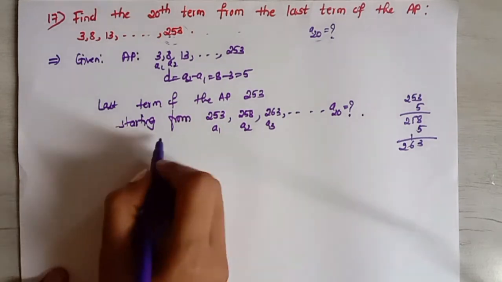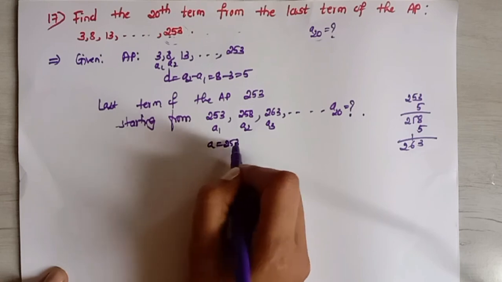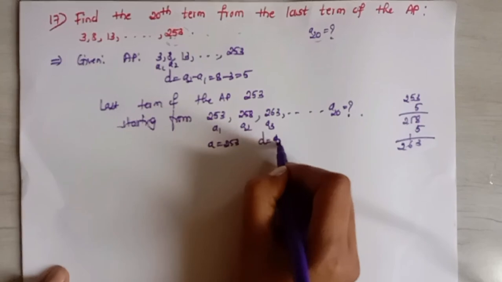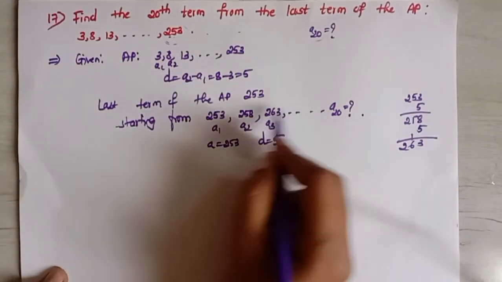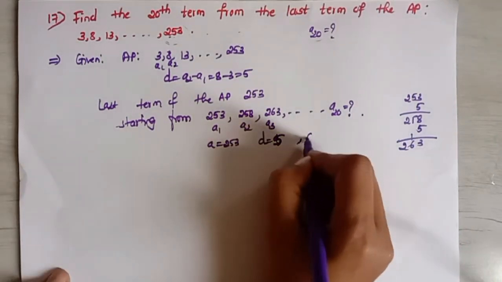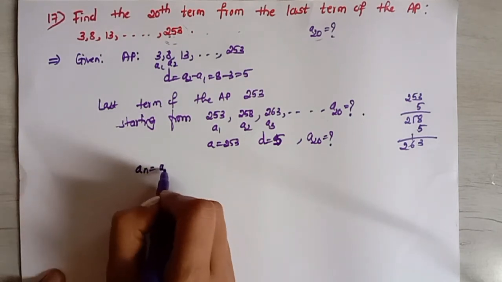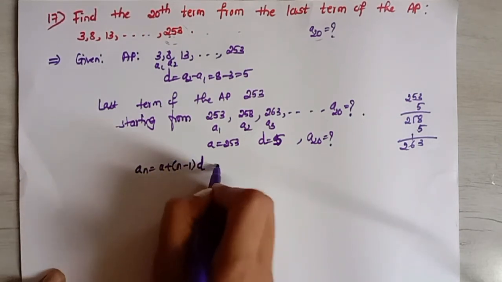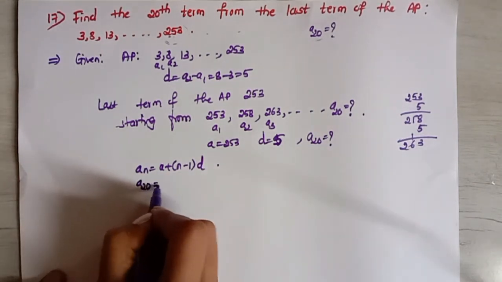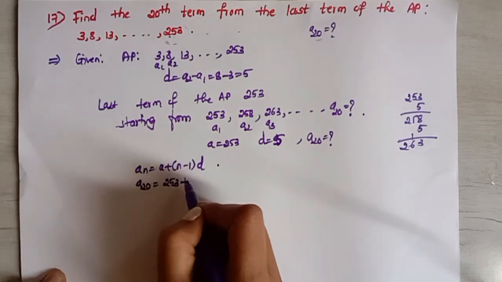So for this, A will be the first term, that is 253. So here A will be this term, that is 253. D is A2 minus A1, that is 5 only, because we have already found that throughout the AP the difference will be the same. Okay. So here we have to find the 20th term, right? So using this AN formula we can find it. Let us substitute: A20 equals what is A? A is 253 plus what is N?